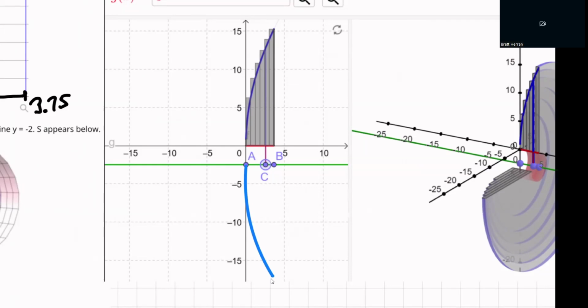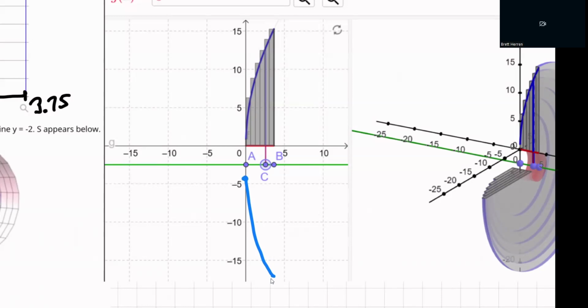That's a gap of 2, so that's going to go from right here. It's 2, that's 2. That's going to go right there.